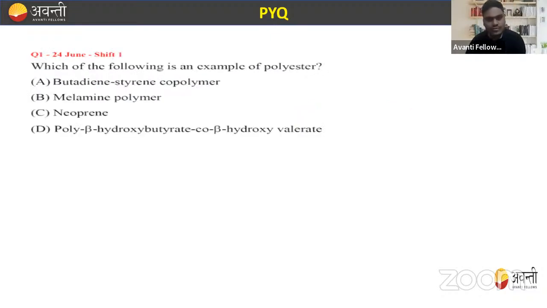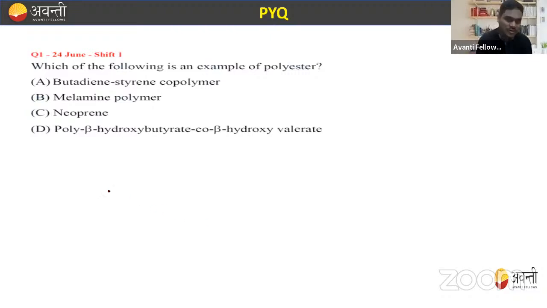Now, moving to the next question: which of the following is an example of polyester? Out of these four, you have to identify which is an example of polyester, whether it is butadiene styrene copolymer, melamine polymer, neoprene, or poly beta hydroxybutyrate co beta hydroxyvalerate, right?